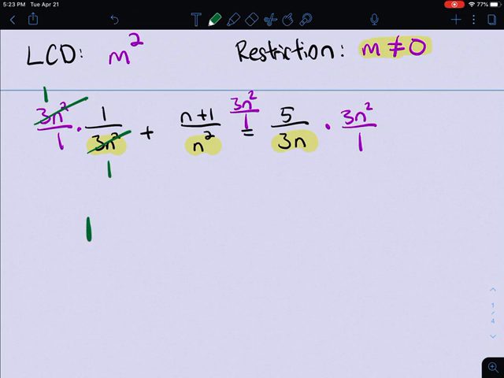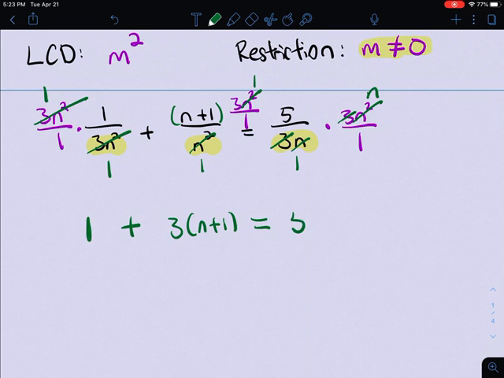So I'm just left with 1 plus, and here I'm canceling out the n squared and n squared, but I'm left with 3 times n plus 1. Again, it's nice if we put parentheses so that we know to multiply. Equal to: here the 3's will cancel out, and then with n and n squared, I can divide by an n.